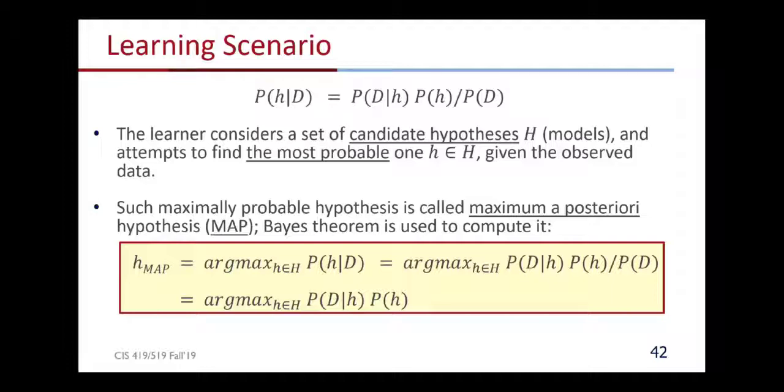The scenario is that we have multiple hypotheses to consider. We know how to compute the 3 components on the right side, and we use this as a way to choose the hypothesis as the argmax over the set of hypotheses. That's basically everything there is to know.